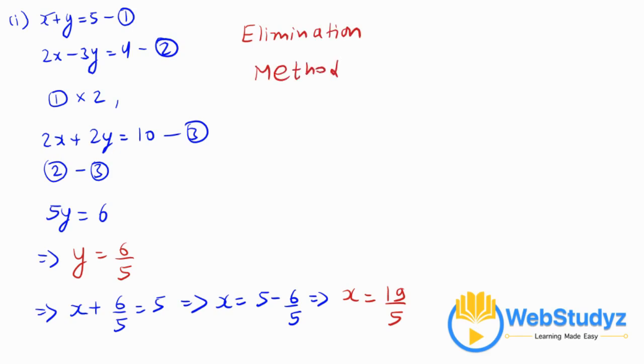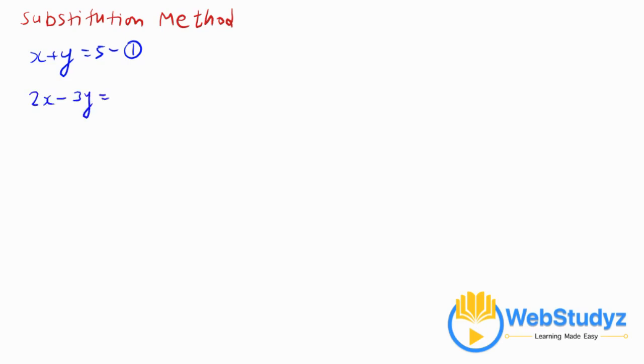Now solving the same question with the substitution method. So we have the first equation as x plus y equals to 5 and the second equation as 2x minus 3y equals to 4.